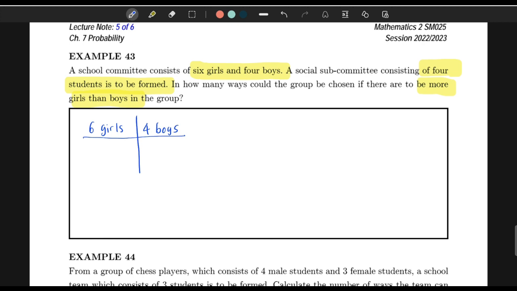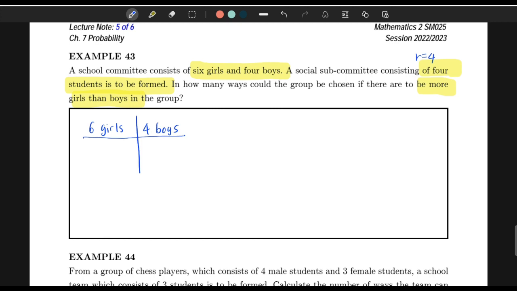So we want to choose 4 students from the committee. In how many ways could the group be chosen if there are to be more girls than boys? So the maximum members is equal to 4.